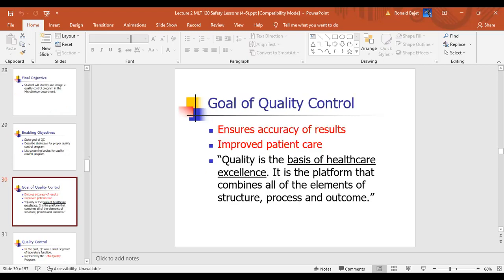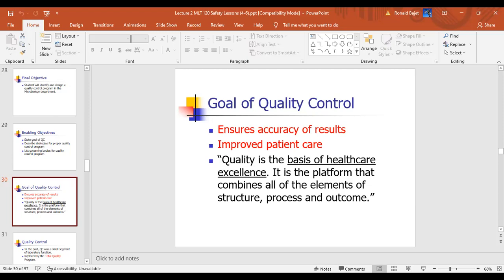The goal of quality control is that you want to make sure the results you are reporting are accurate, and in order to do that, you run QC. If you run QC and you're within acceptable limits, then you have pretty good assurance that the result you're reporting, whether in hematology, chemistry, or microbiology, is accurate.